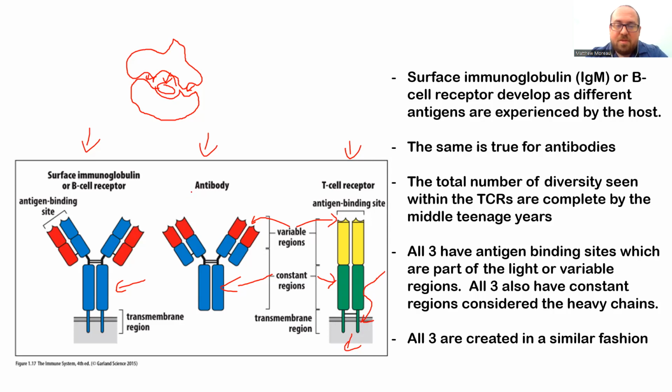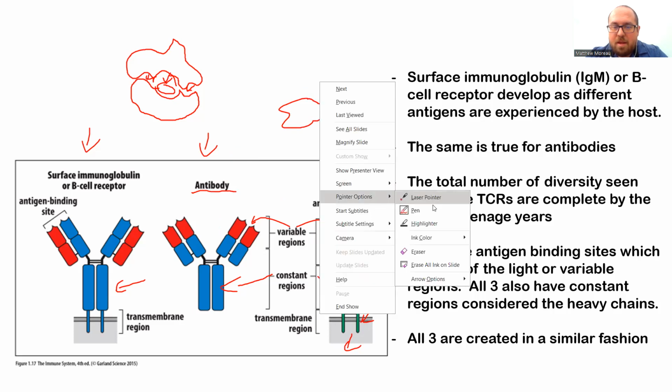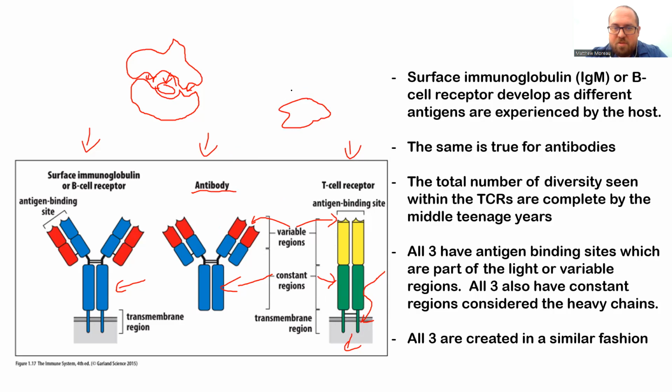For B cells, the antibody production is, if you think about it from this perspective, if this is my antigen, and my antibody recognizes this region here, the variable region of the antibody would need to bind like this.